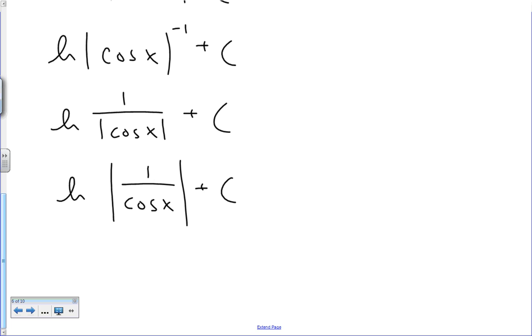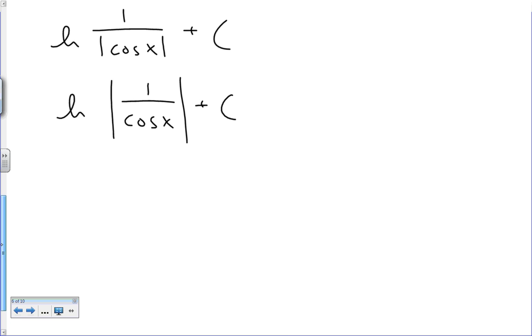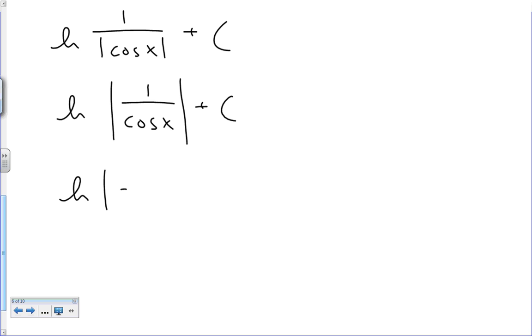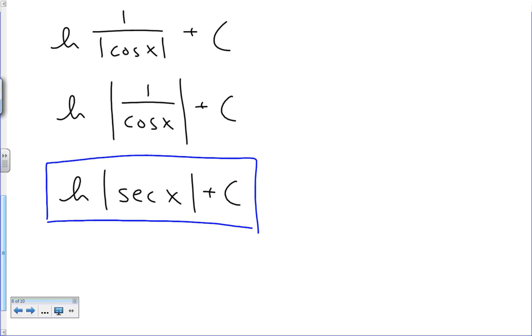And 1 over cosine is better known as secant. That's our reciprocal property. So the ln of the absolute value of secant of x plus c. And that's the way that I'm going to recommend that we learn this. That the antiderivative of tangent is the natural log of the absolute value of secant of x plus c.